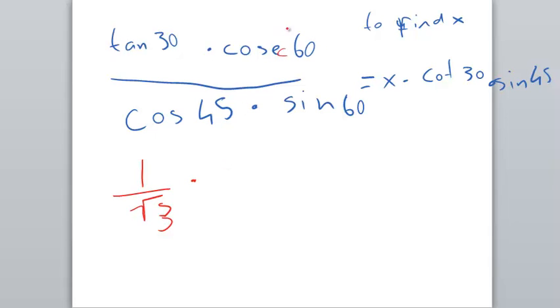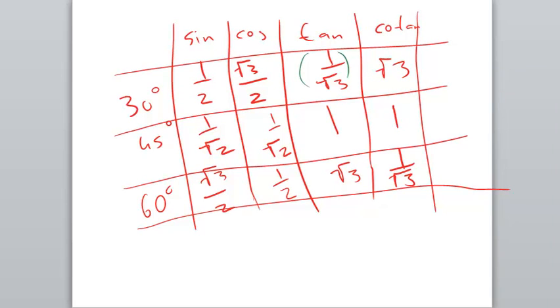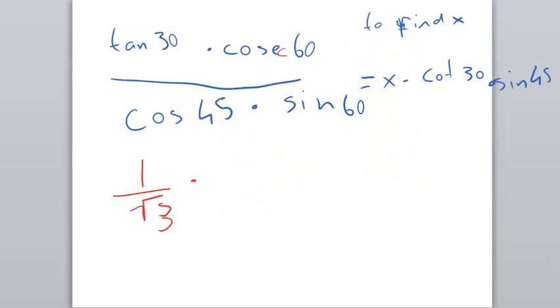Guys, you remember that cosec is just the opposite of sine, so it will be 2 over root 3.